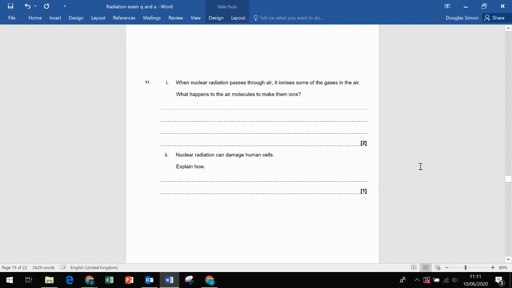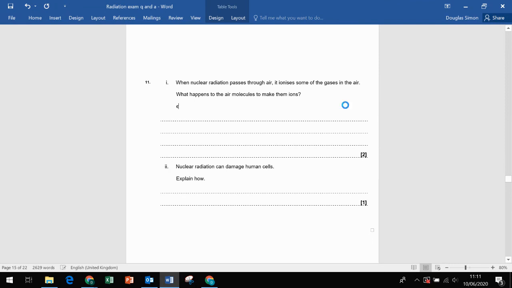When nuclear radiation passes through air, it ionizes some of the gases in the air. What happens to air molecules to make them ions? So electrons are removed from the air molecules to leave them positively charged.